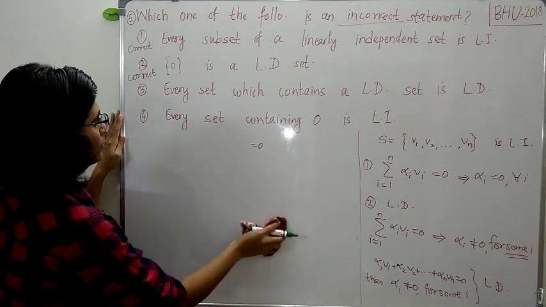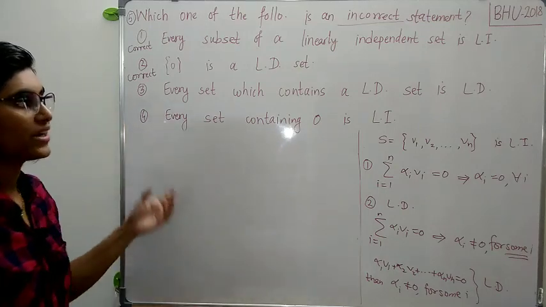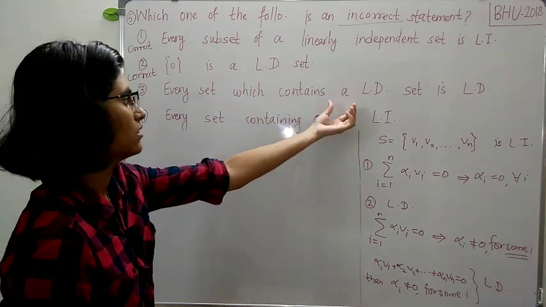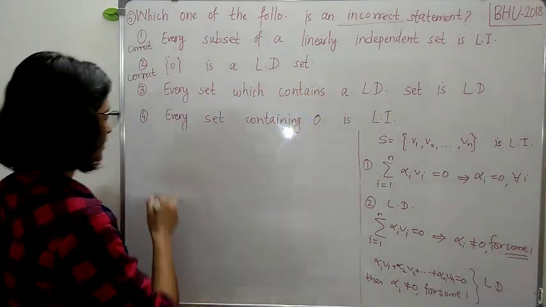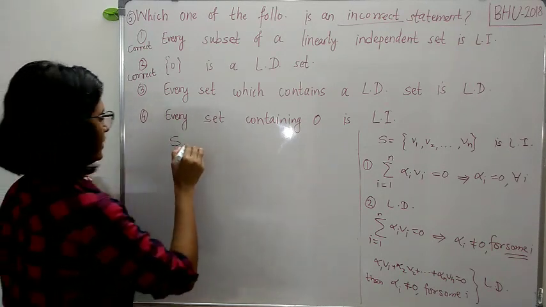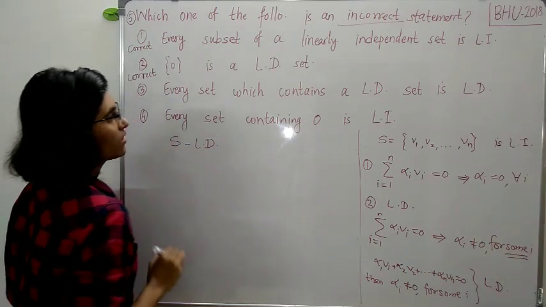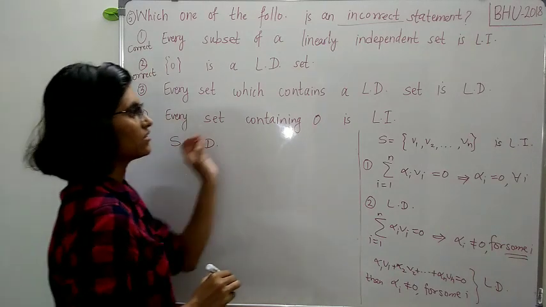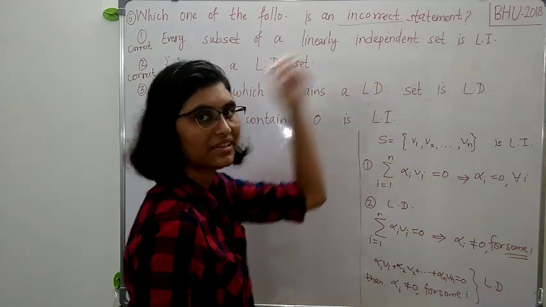Every set which contains a linearly dependent set is linearly dependent. That means if we take any linearly dependent set, say S is a linearly dependent set, then if this linearly dependent set is inside some set, then that set becomes linearly dependent.